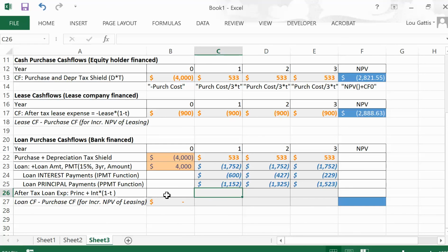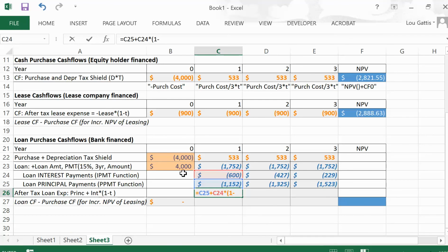So let's first of all talk about even though I paid a loan payment of $1,752, $600 will create a tax shield. All right, I don't pay the full $600. So let's actually get the after-tax loan. There's no tax break on the principal, but the $600, I'm not going to pay 100% of it.